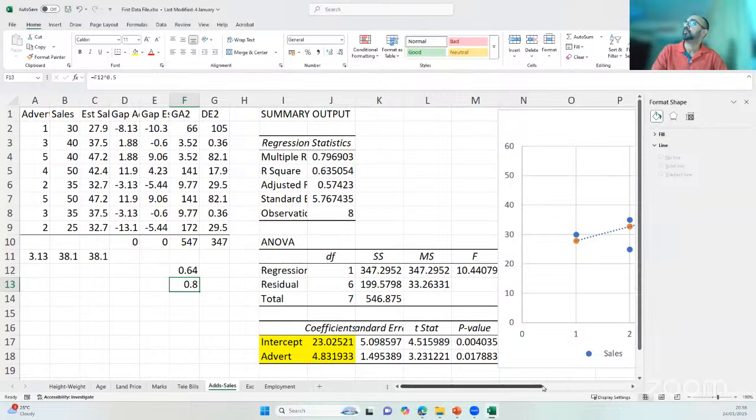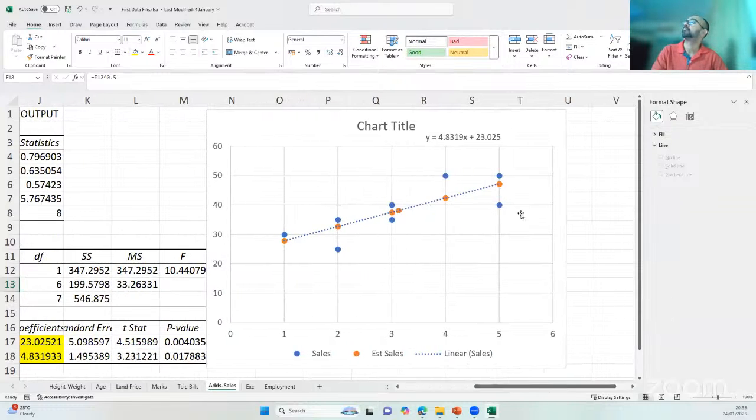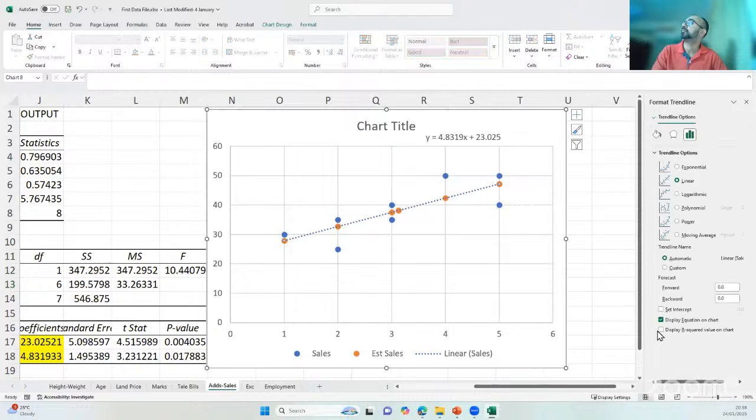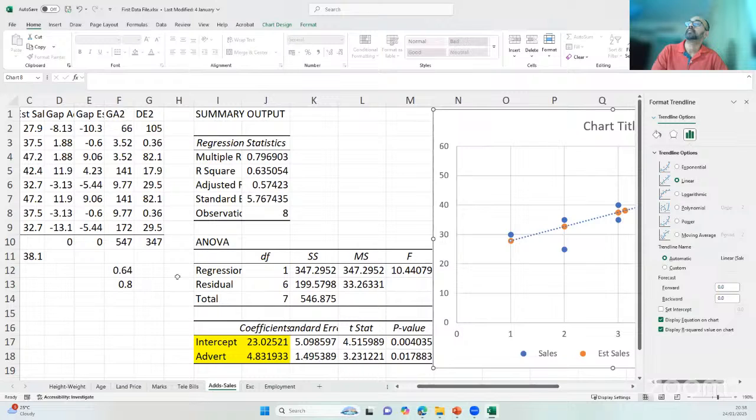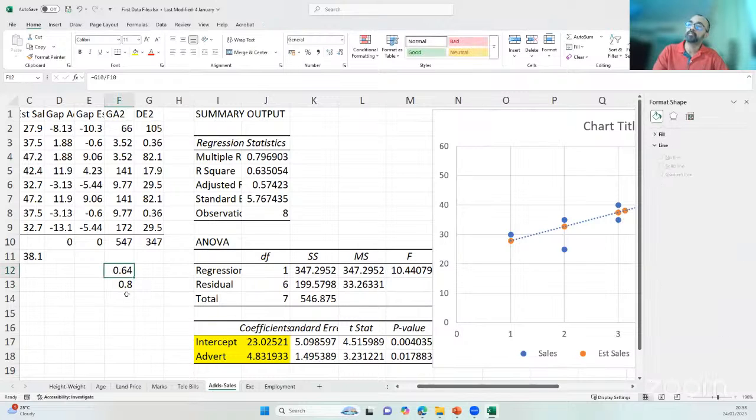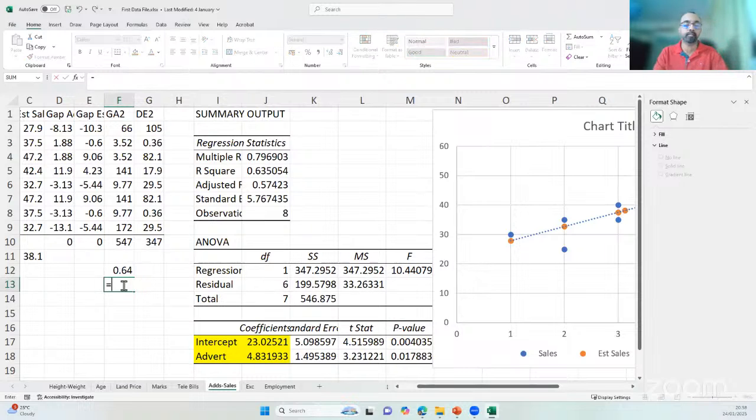So if we go here, take this one, our squared value, and see we are getting this value. So instead of going for the square root, we are going with r squared. So r squared, actually a proper way to calculate, I think there is a different method, but this is the basic concept.